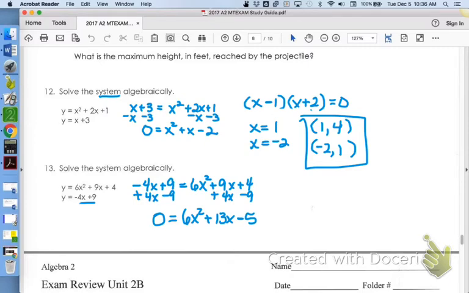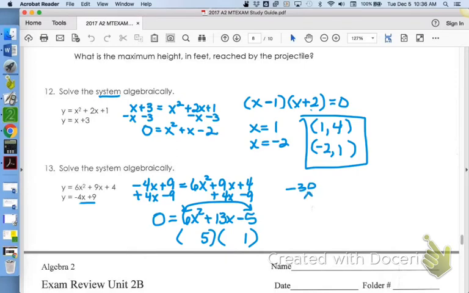All right, so let's see what we're going to do. This one's got multiple options for that 6. It can be 6x and x or 2x and 3x. But honestly, there's only one set of factors for 5. So we're going to have a 5 and a 1. We can't split 5 up any other way, just so you know. I'm going to multiply 5 times 6 to get negative 30.